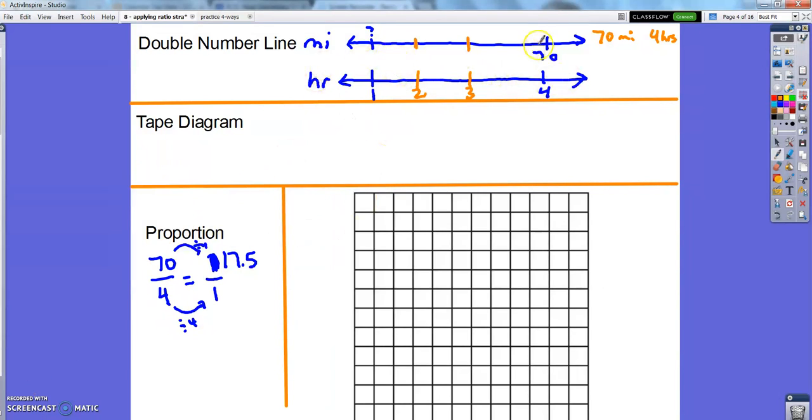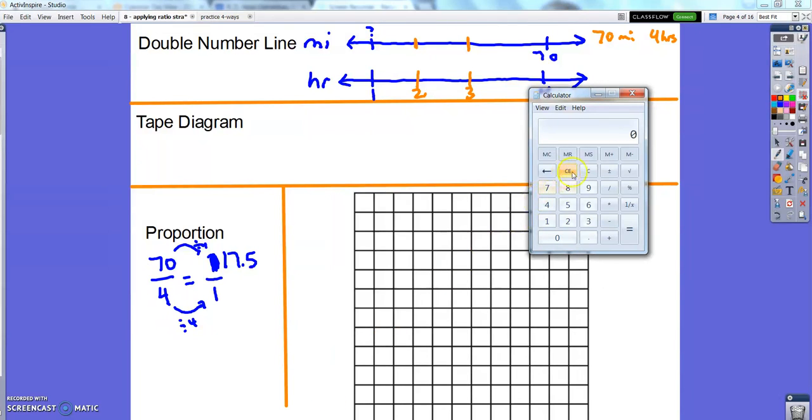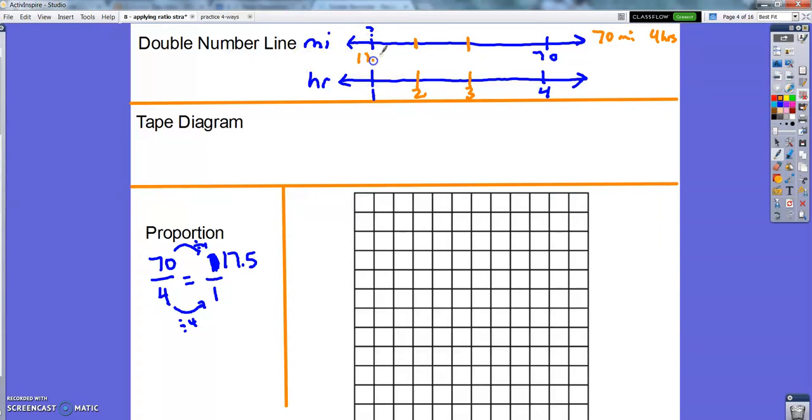So if 70 goes with 4, I can take that 70 and divide it into 1, 2, 3, 4 different hours and see what goes with each of these. So I can go back to that 70 divided by 4 question. And I know that each one of these is going to be 17.5 because I took it and divided it into 4 parts. So I'm going to have 17.5 here.